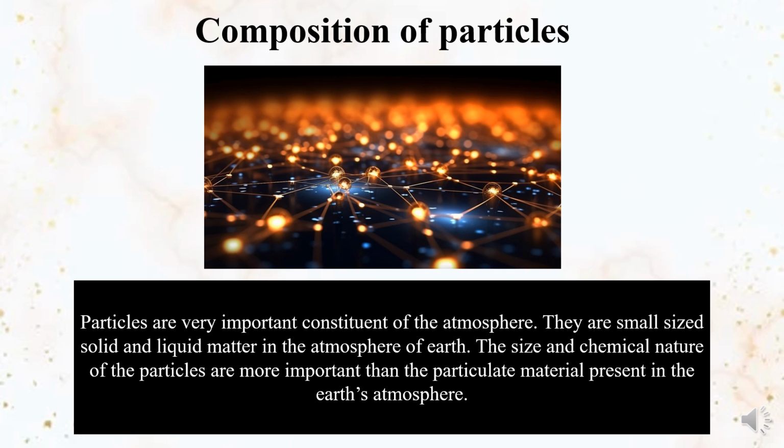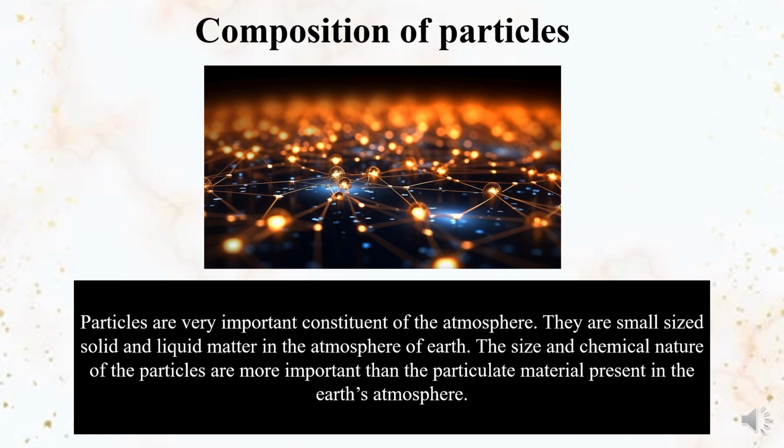The particles which occur naturally in the atmosphere are bacteria, fog, pollen, and volcanic ash. The size and chemical nature of the particles are more important than the quantity of particulate matter present in the Earth's atmosphere.